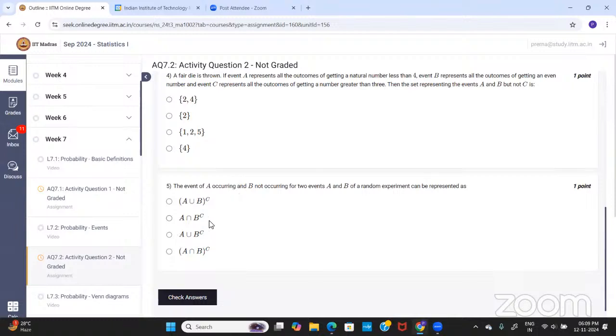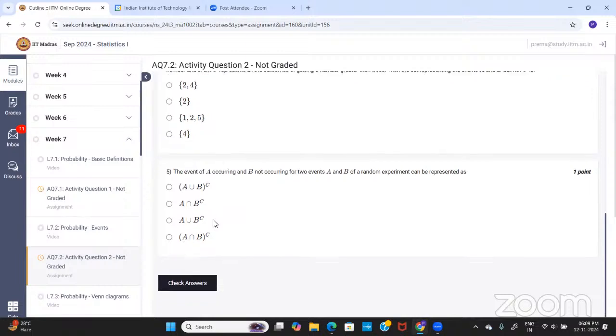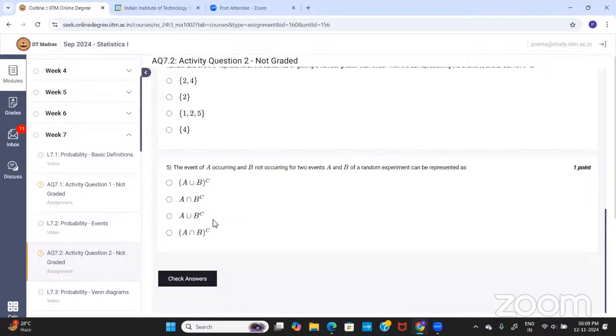So it will be A intersection B complement. The complement we take is with respect to the sample space, so B complement is S minus B. B complement are those elements which are in the sample space but not in the event B. That was my doubt, ma'am. Thank you.